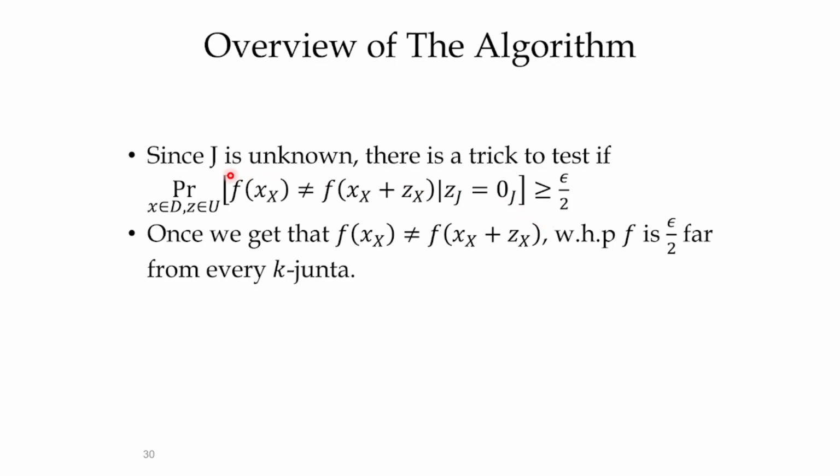Okay, so since J is unknown, we can do this trick over here. First we choose Z uniformly and then switch Z's indices with 0 in the relevant indices. And then check if this f is different from f where we change the elements except the places over here.